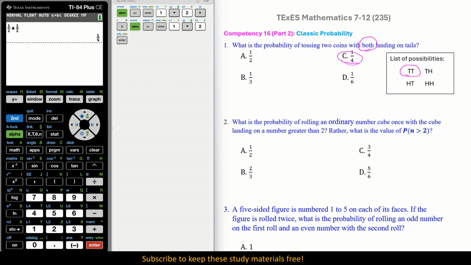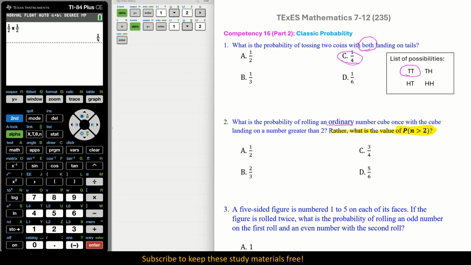Okay, so let's go to number 2. What is the probability of rolling an ordinary number cube once with the cube landing on a number greater than 2? Now, a little note: rather, what is the value of p with n greater than 2?